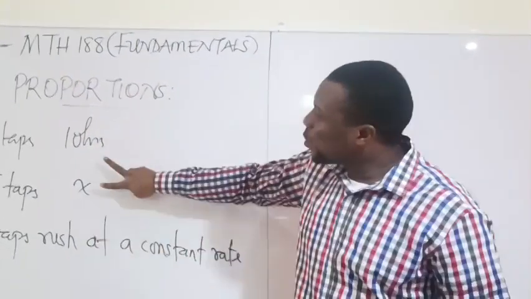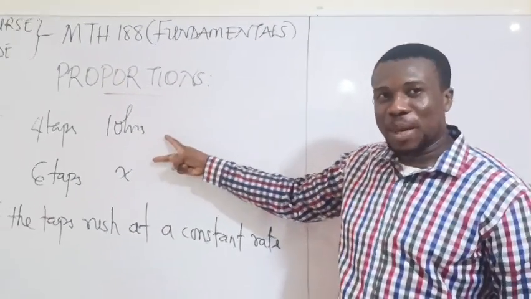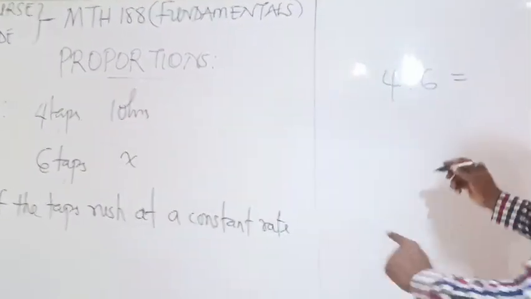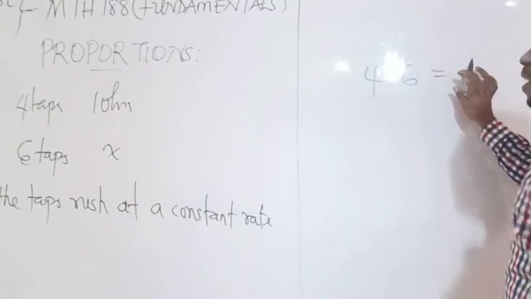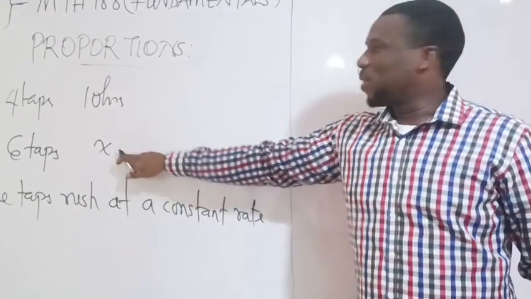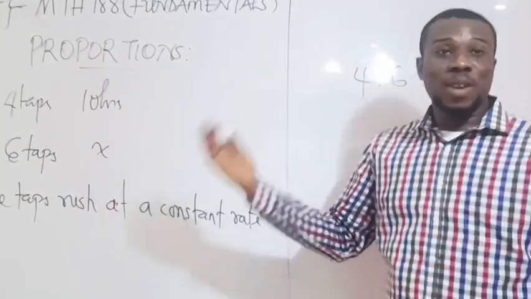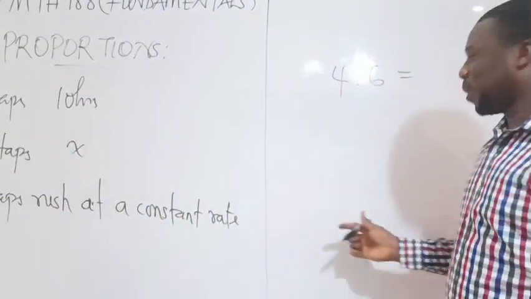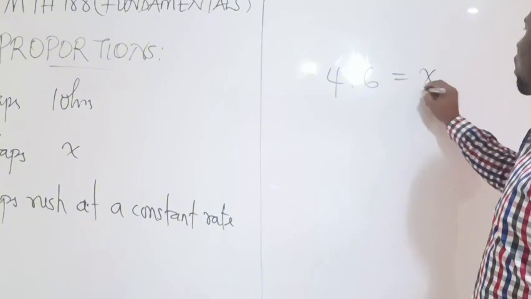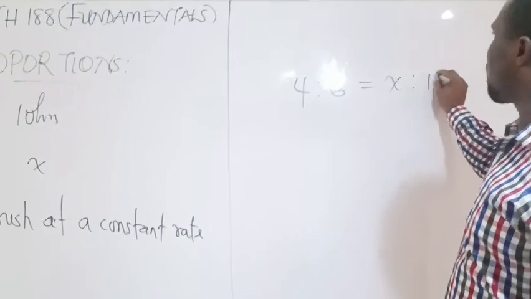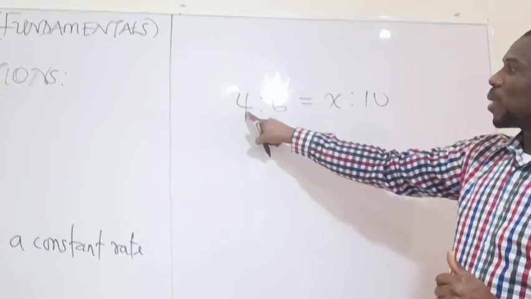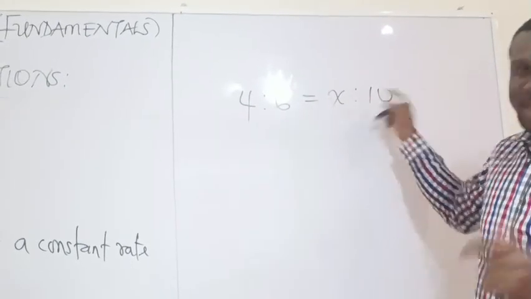But I need to flip the time because there's an inverse relation between taps and time. So instead of sticking the X where the 10 is, I would stick the X here and bring the 10 down. Why? Because the more the taps, the less time it takes to fill up that container. So 4 is to 6 as X is to 10.